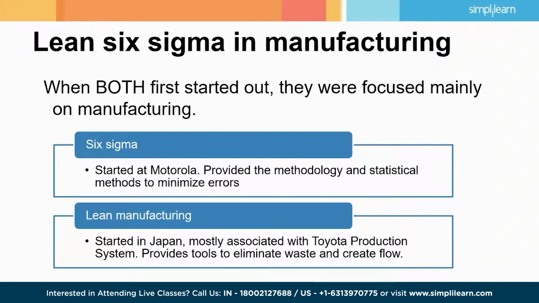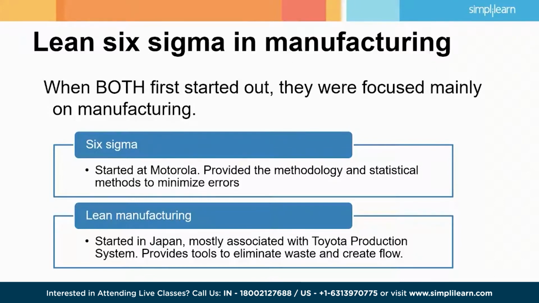Eiji Toyoda and Taiichi Ohno from Toyota, the car manufacturing company, went to visit American plants because they were in crisis. So they organized their learnings in a new system called JIT, or Just in Time, which later was called TPS, or Toyota Production System.